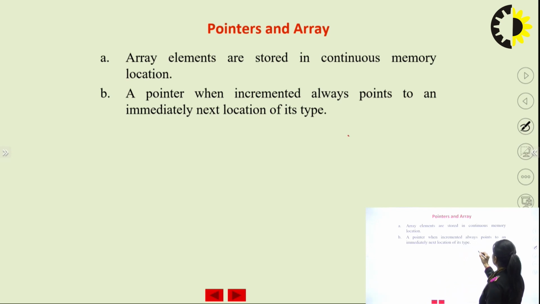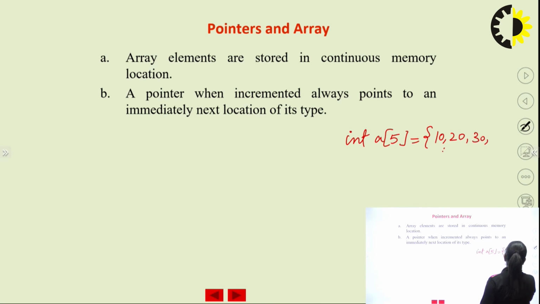What does it mean? Suppose I have declared an array of 5 elements, say 10, 20, 30, 40 and 50.